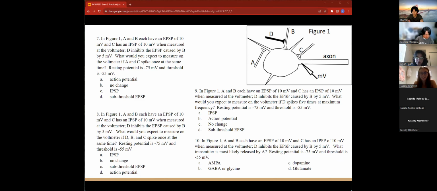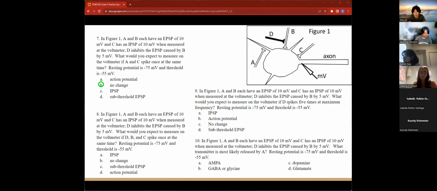Okay. So let me share the results. We're going to go through one by one. So first for number 7, A and B have an excitatory effect of 10 millivolts and C has an inhibitory effect of 10 millivolts. And then D inhibits B, but that isn't actually relevant to this question.